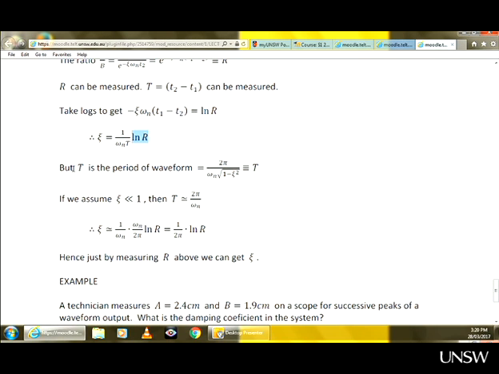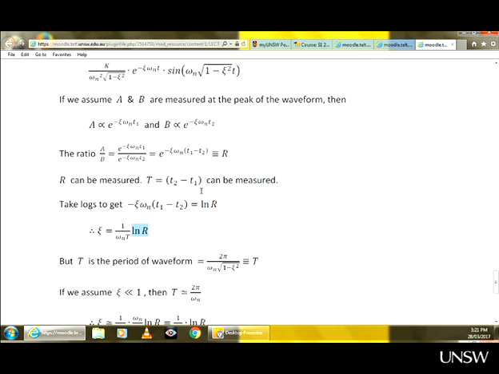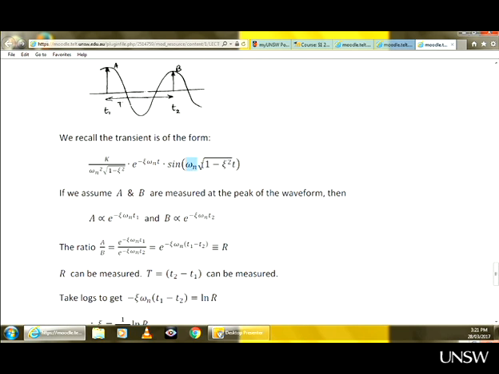Now, we can also express T, because T is the period of those oscillations. That's the period. That's the time between two peaks. And the period can be obtained from the frequency. The frequency is omega n times the square root. That's the frequency of the output.